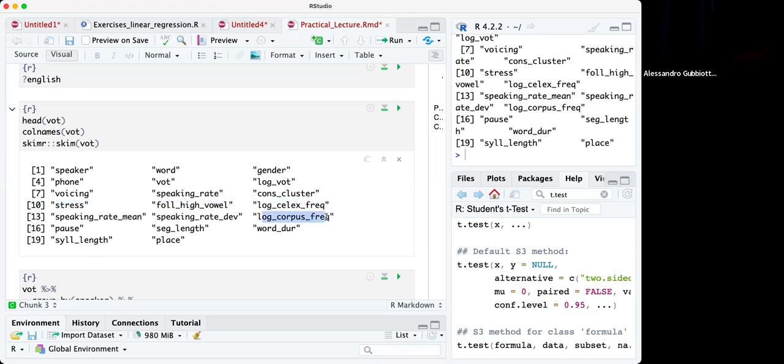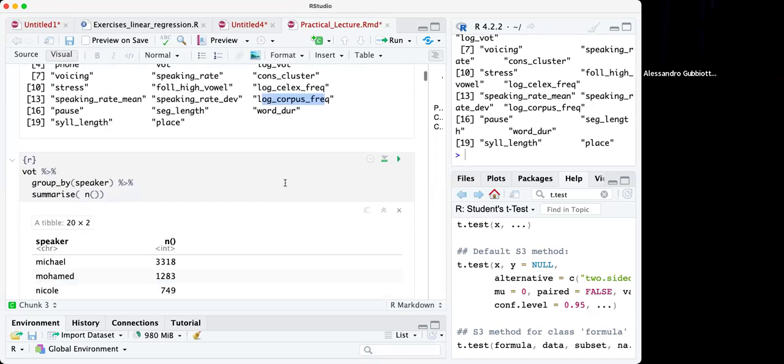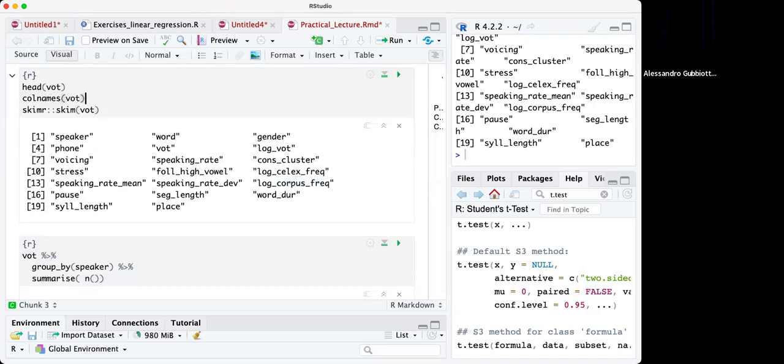Or the frequency, I don't know. Let's try to do it. So let's try to explore this data.